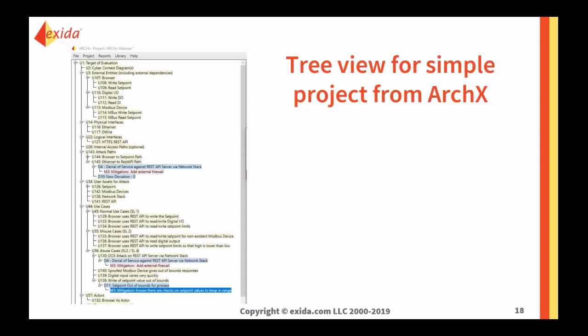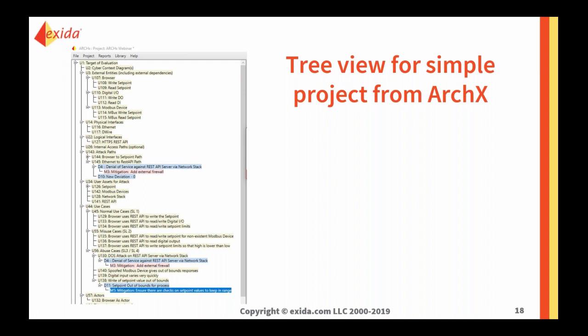Let me show you an overview here of what the ARCHx model looks like. It's essentially a tree model. You'll see there's various colored nodes here. The yellow ones are generic nodes, which are used for organizational purposes. They also contain information such as tags or attributes with values in them.